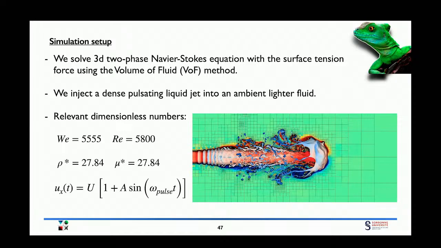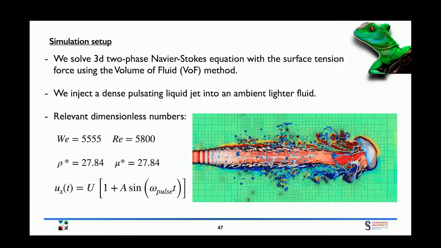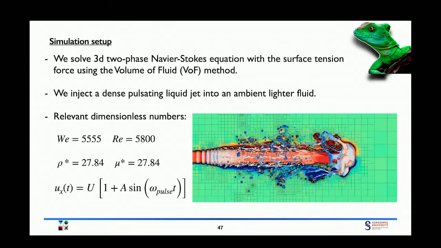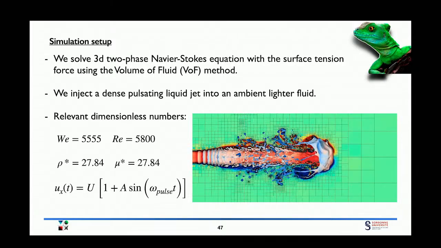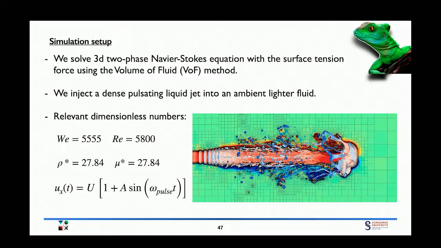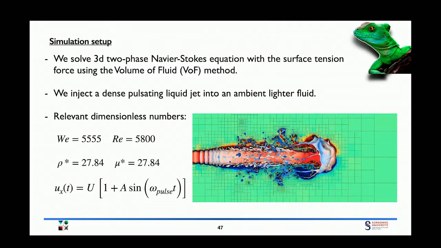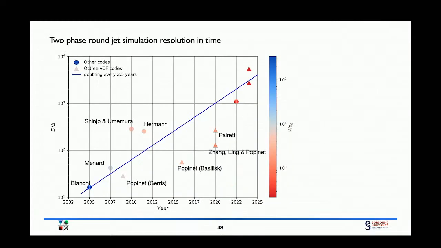The density ratio and viscosity ratio are also, in numerics, what would be called high. And we inject fluid with a pulsating velocity. These pulsations are given to trigger the atomization, so that the sheet ruptures and ligaments and drops form, which we will be studying.